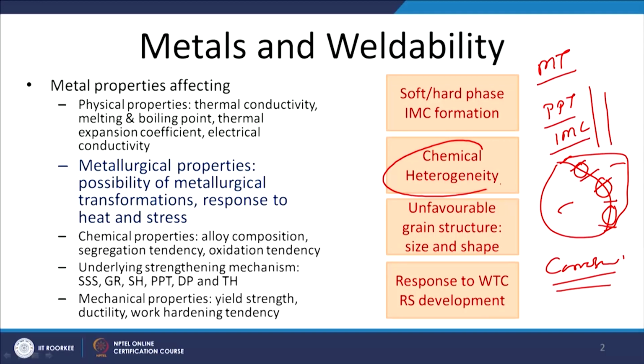But the underlying reason behind this kind of undesirable effect is the chemical heterogeneity, which occurs primarily due to the formation of unfavorable precipitates and intermetallic compounds. These precipitates and intermetallic compounds can also be of undesirable geometry, like shape and size may be highly unfavorable, which falls under the metallurgical transformation leading to the formation of an undesirable grain structure.